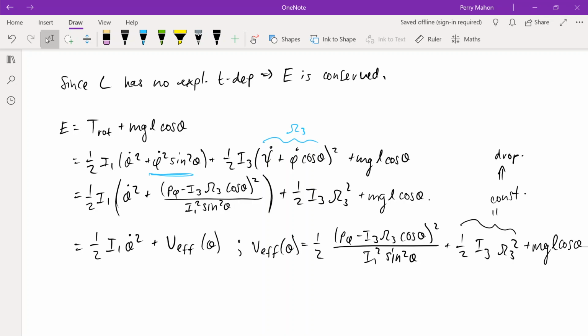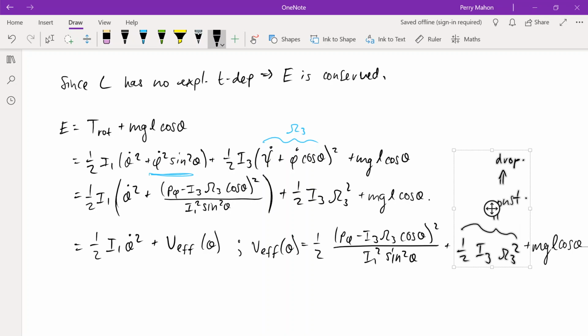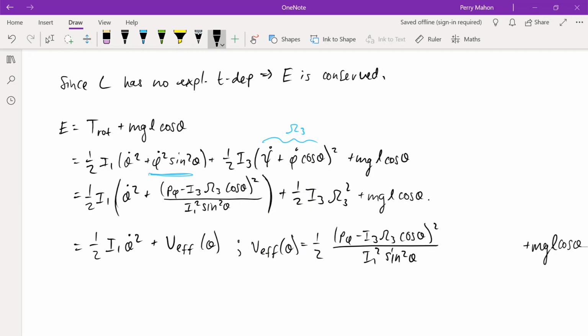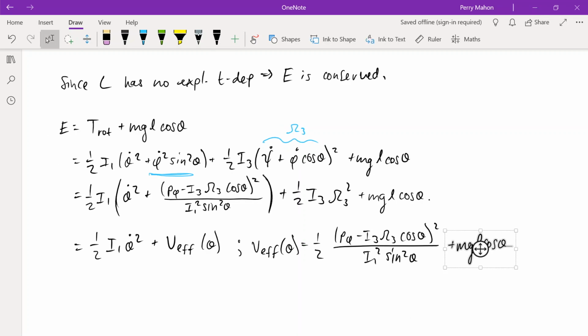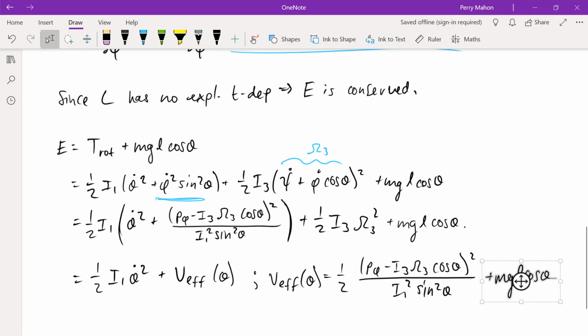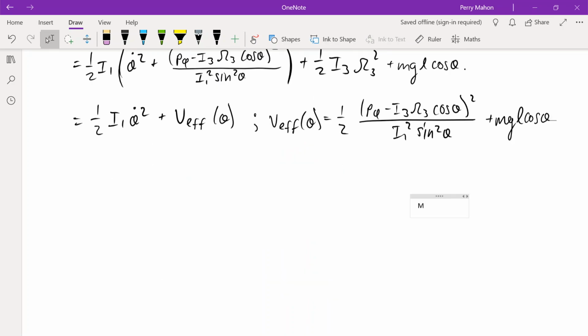So we'll get rid of this term here. Let me just get rid of this guy. And then this, sorry. Right. So now this is the Lagrangian that we're interested in.